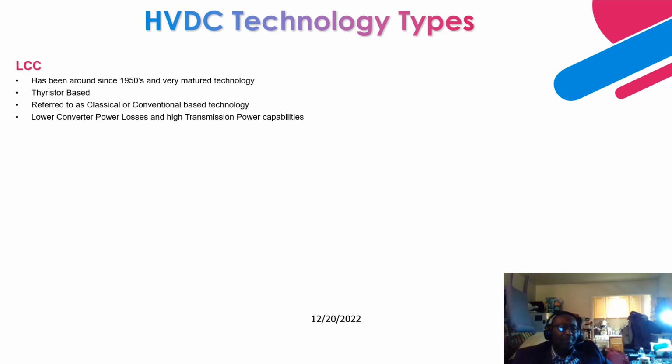It's thyristor based, and that is more current source control. It is also referred to as classical type or conventional technology. So if you hear those buzzwords, classical, conventional, it's all referring to the current source converter or line commutator converters.